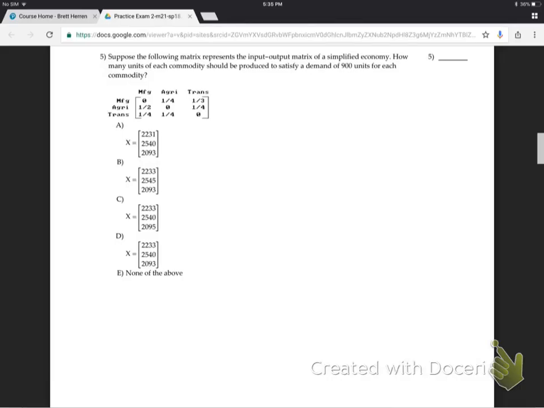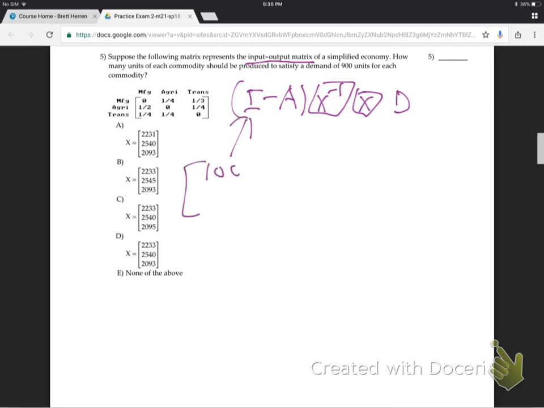Okay, so you want to put on your 3x5 card for number 5, when you see input-output matrix, the way you do that is (I minus A) inverse times the D matrix. What are these things? The I matrix is 1, 0, 0, 0, 1, 0, 0, 0, 1. And we're going to actually call that matrix B. Let's just put that in matrix B. A is this matrix.